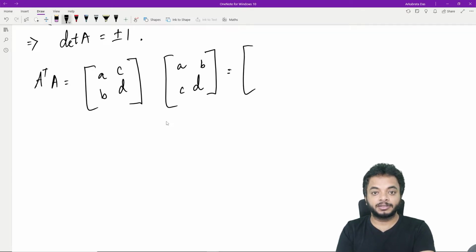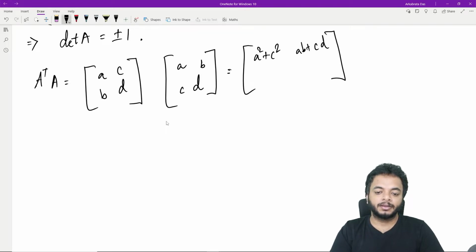And how much is this? If you are multiplying, it's a squared plus c squared, and then ab plus cd, and here ab plus cd, and then b squared plus d squared.